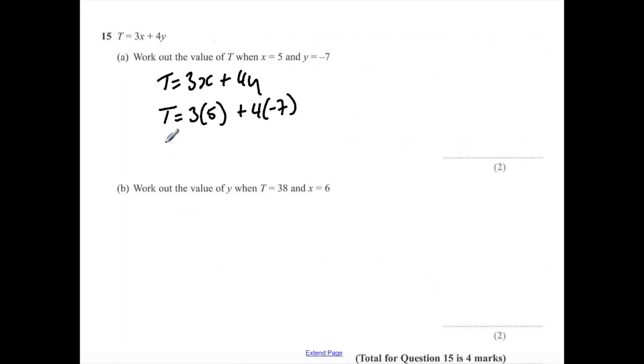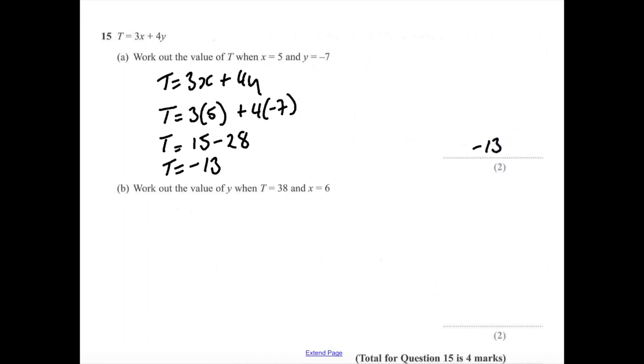I'm going to expand the brackets, so t is equal to 3 times 5, which is 15, plus 4 times minus 7, which is minus 28. 15 minus 28 gives us negative 13, so our final answer is minus 13.